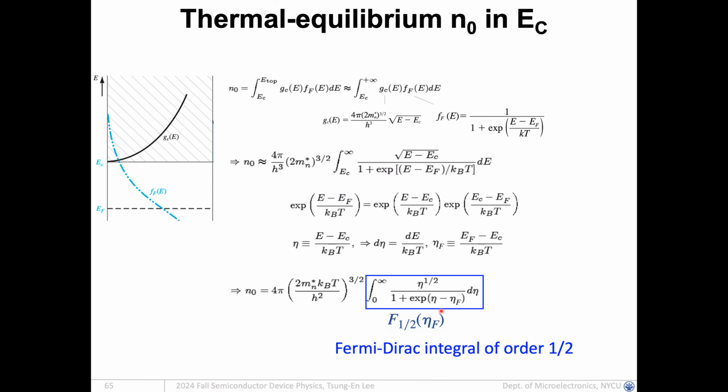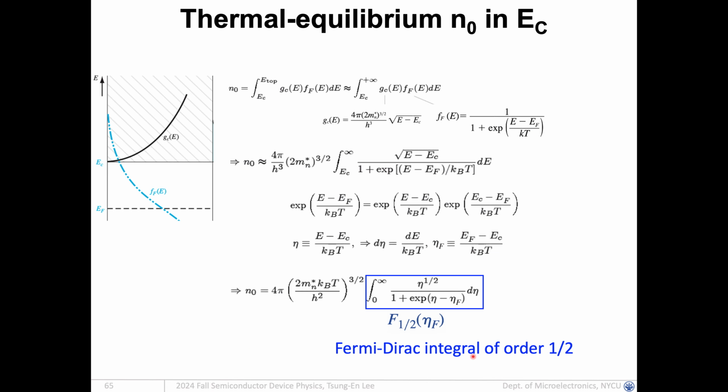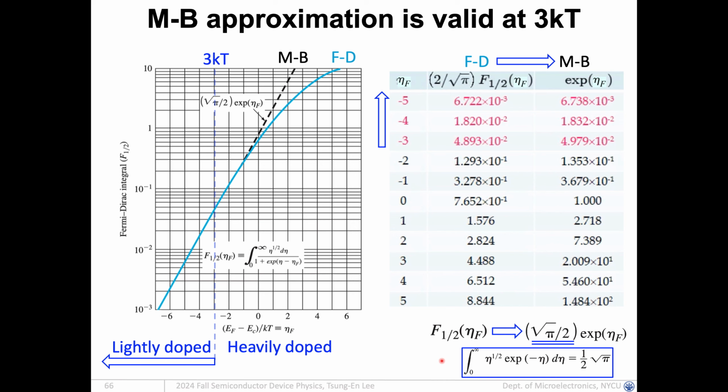So based on this concept, we can apply the Boltzmann approximation to understand when we can simplify this Fermi-Dirac integral. You can see that the x-axis is the distance between the Fermi level and the conduction band.